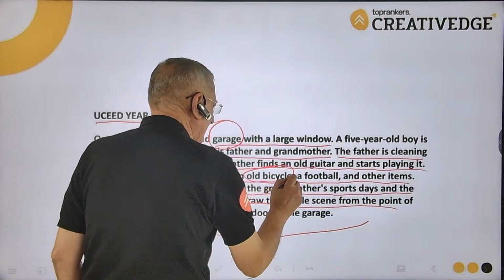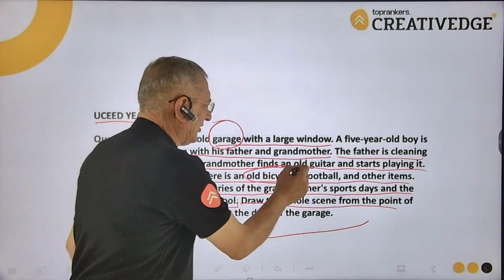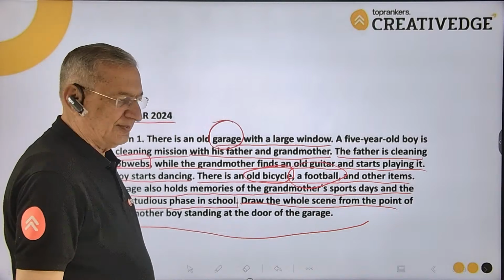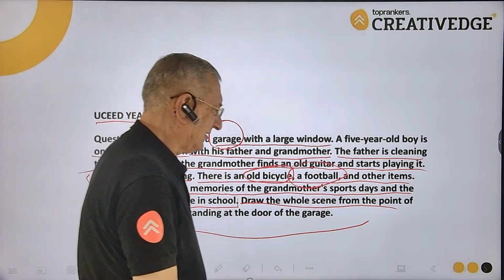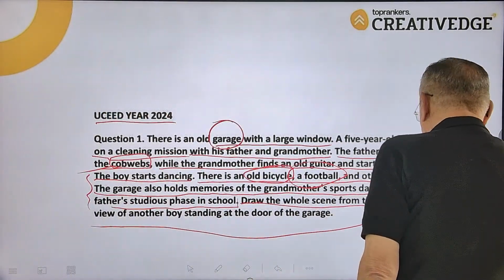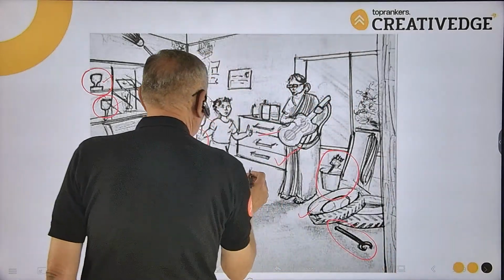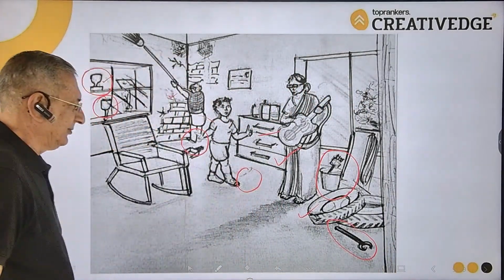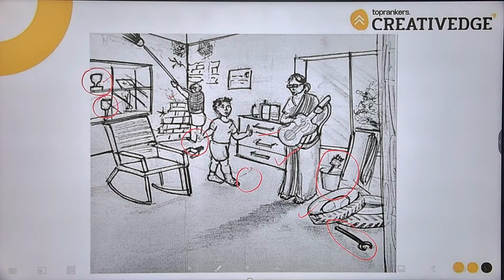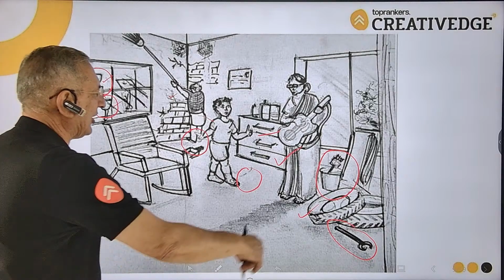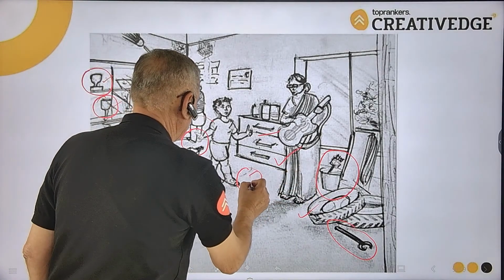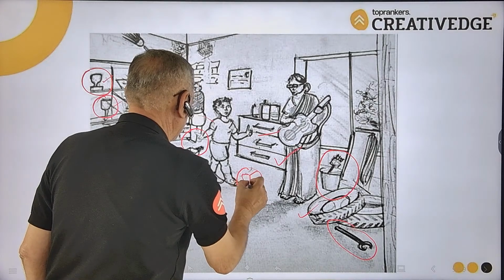Where is the bicycle frame? Where is the football? Other items are there. Coming to that, there should have been a football here. Maybe you would like to remove the football and keep it elsewhere, so you could have had a football here.